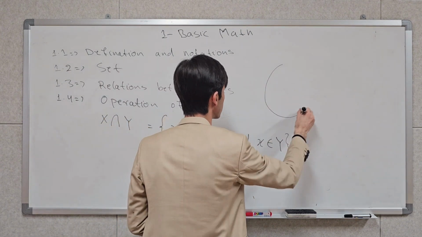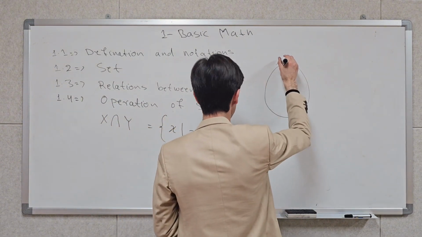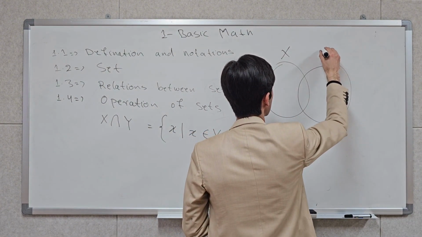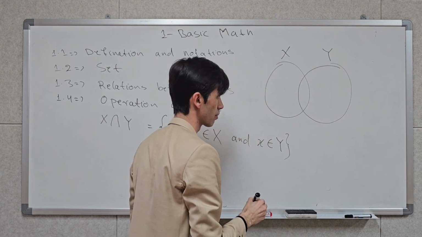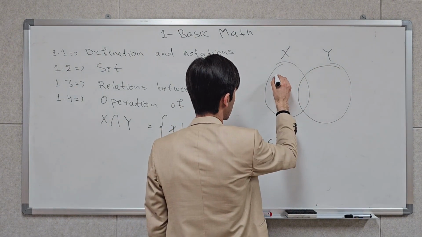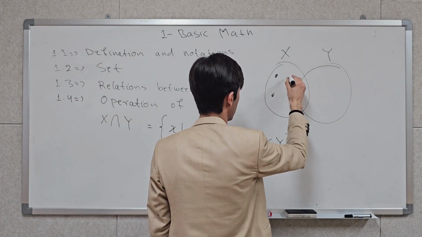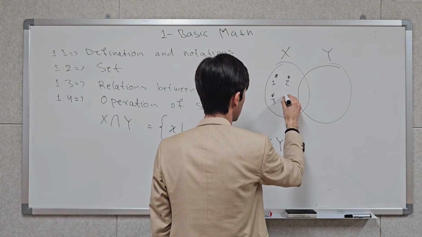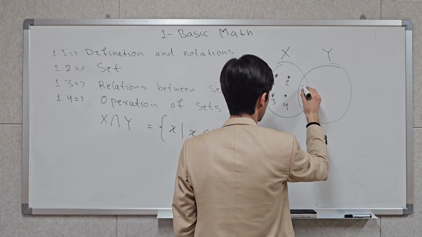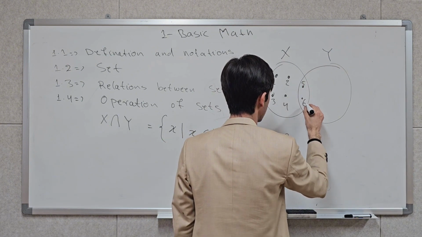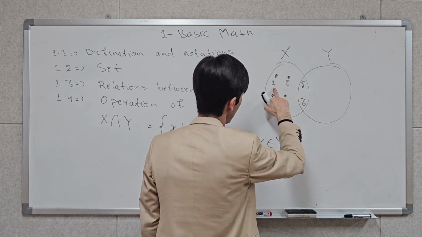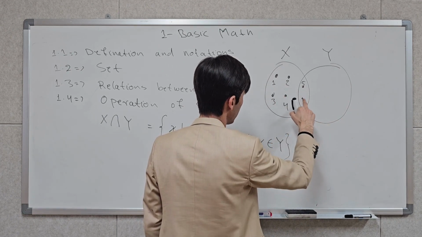For example, we have this set X, we have this set Y. This is one element, this is another element. For example, in set X we have 1, 2, 3, 4, 5, 6.